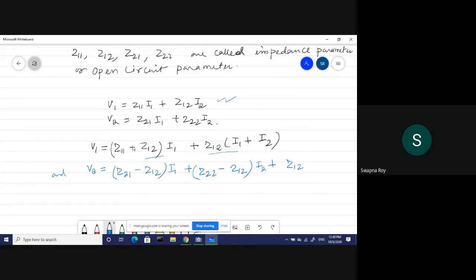We have Z21 I1 plus Z22 I2. Now Z12 I2 is minus excess and this is also excess, so Z12 into I1 plus I2. Correct?